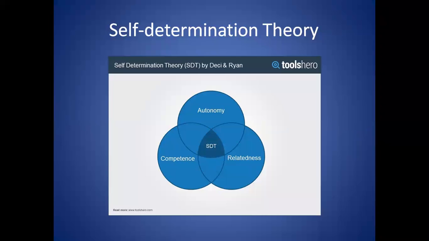So for self-determination theory, what we are thinking about is how to make ourselves or our students feel that they're able to make decisions, they're competent, and relatedness, are they supported in those decisions? And we'll talk about how to do that. And autonomy, are they able to do it without help?